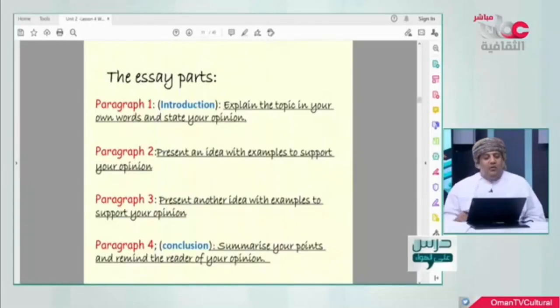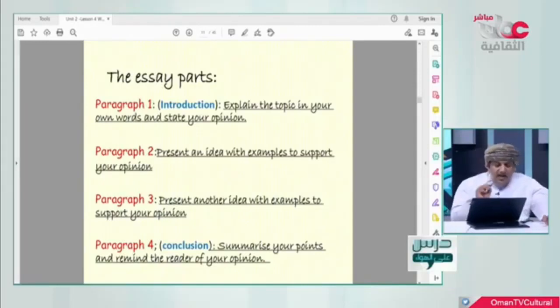So again, we have four main parts, or 5 or 6 paragraphs in our essay. The first paragraph is the introduction. We are going to explain the topic in your own words and state your opinion. So this is the first paragraph. In paragraph 2, we are going to present an idea with examples to support your opinion. So you are going to give one idea in the first paragraph of the main body.